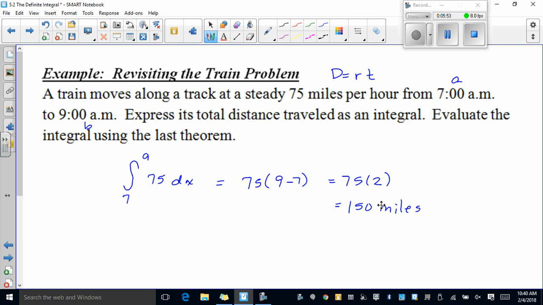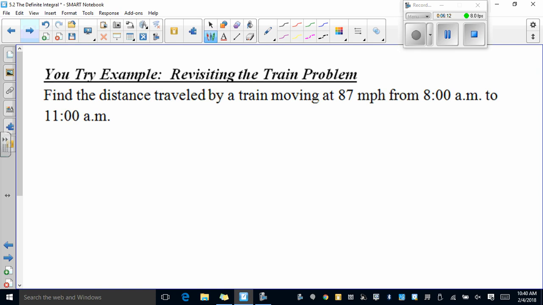Okay, so let's try the problem again. Find the distance traveled by a train moving at 87 miles per hour from 8 to 11. So again, 8 to 11, 87 miles per hour dx is going to give us 87 times 11 minus 8, or 87 times 3.